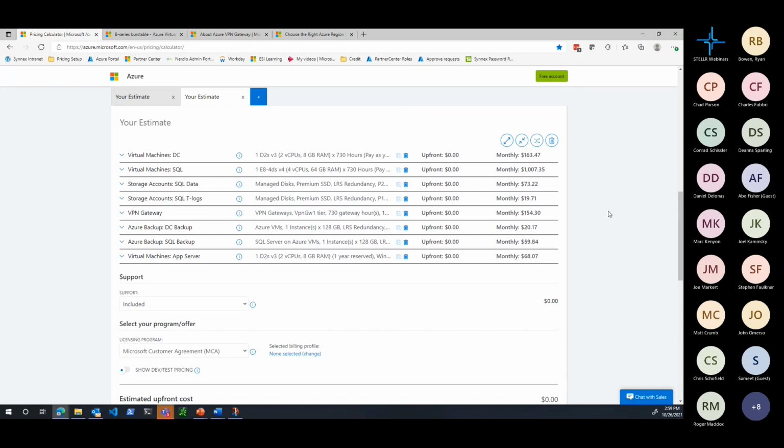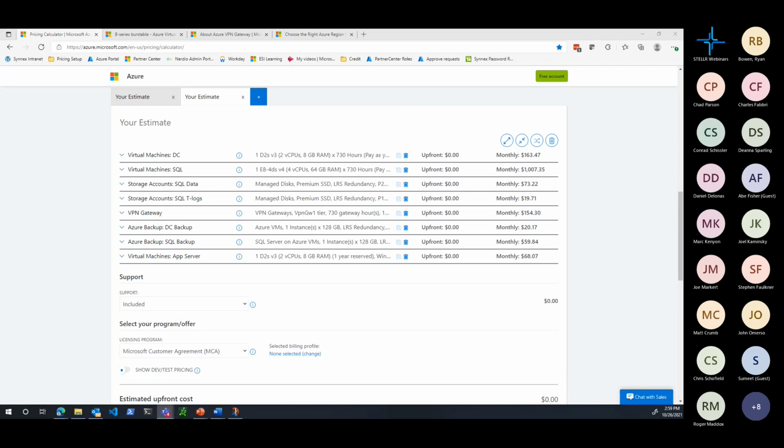This is a great way, like I like to say, to get everything into Azure, and then you can start branching out and leveraging some of the nice enterprise class options available to you in Azure.